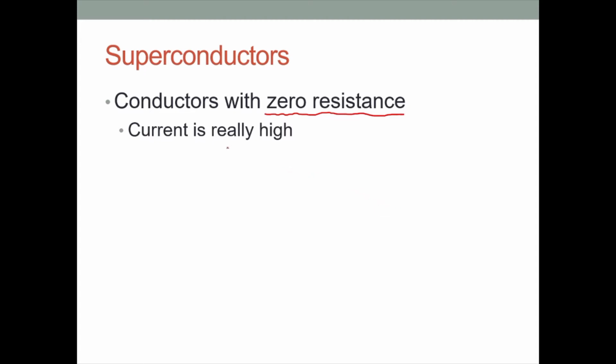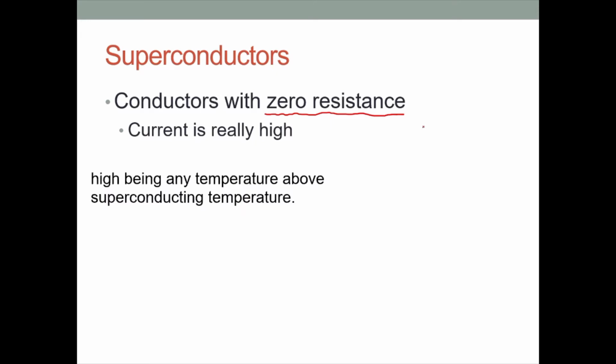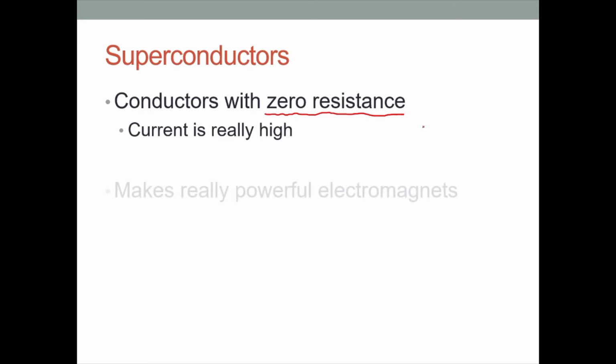Now, the current is not infinite though, because as you pass current through the superconductor it does heat up, and if the temperature is high, then the superconductor does gain some resistance, but the resistance is still very, very low.